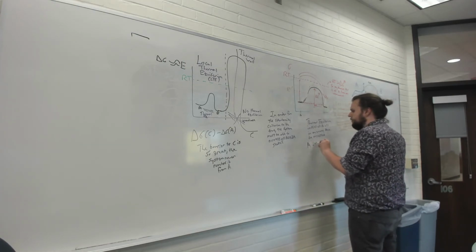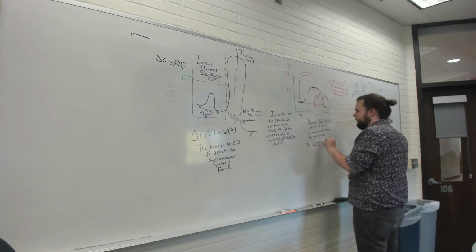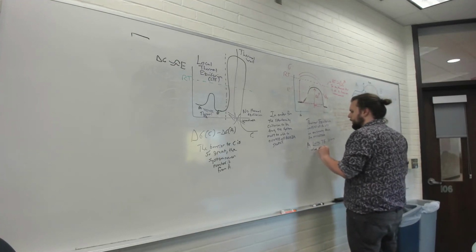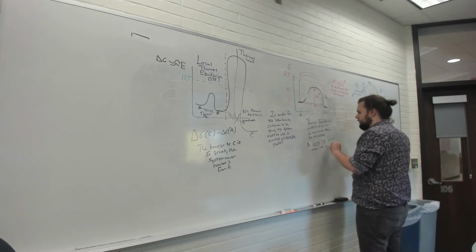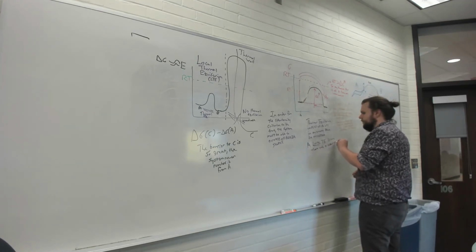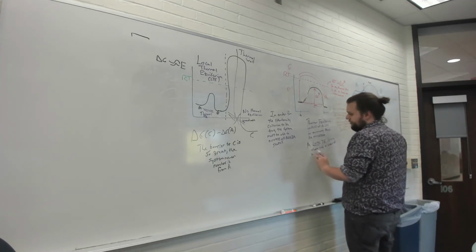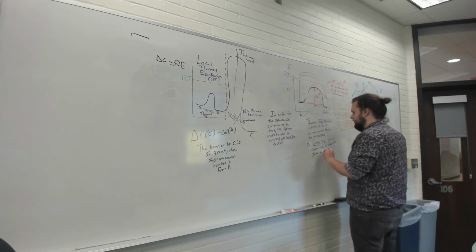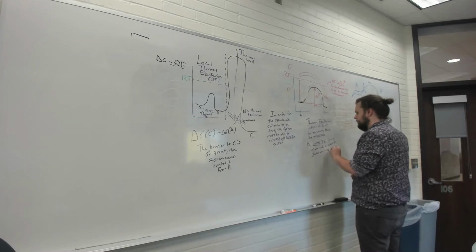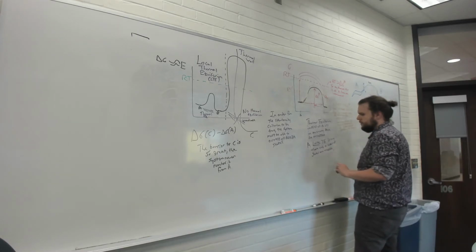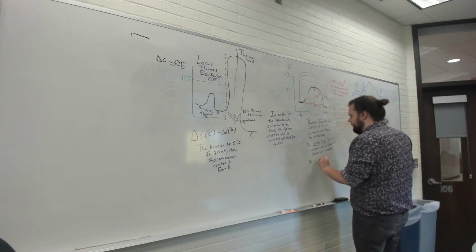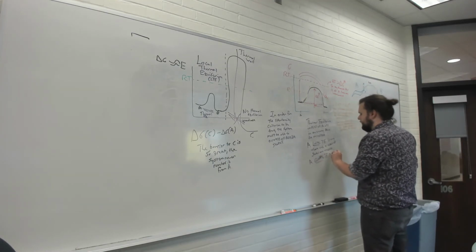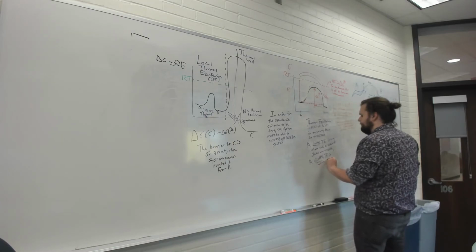A local thermal equilibrium is one where only a subset of arrangements or states are accessible. A global thermal equilibrium is where all are accessible.